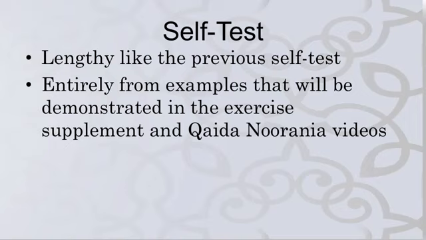All the examples will be demonstrated in the exercise supplement video and the Qaida Nuraniya videos that I will be uploading in the future. So look for those in the upcoming weeks. This is another critical juncture, which is why I'm going to say 8 or 9 weeks straight we're going to be dedicated to the Shadda videos, inshallah.